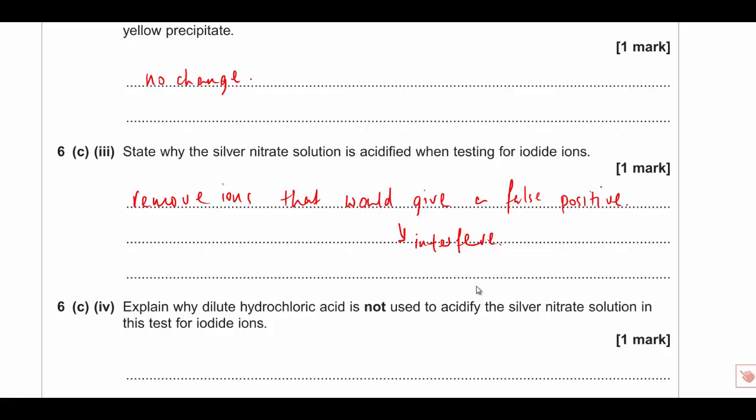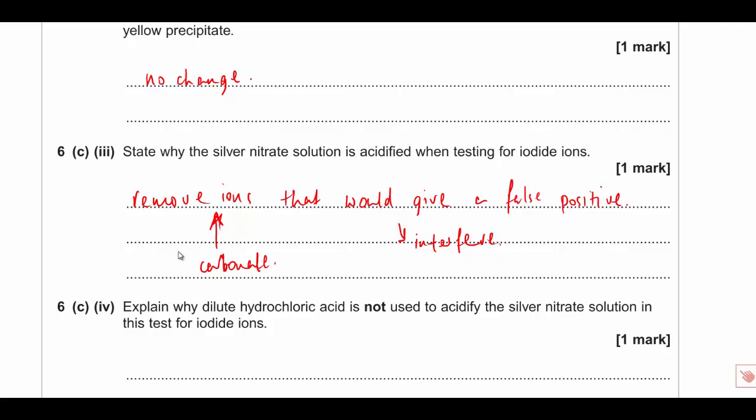Or you could be more specific, you could say remove carbonate or hydroxide ions. You don't need to know that specifically. It's the idea of removal of ions, though, to stop interference or stop false positives.